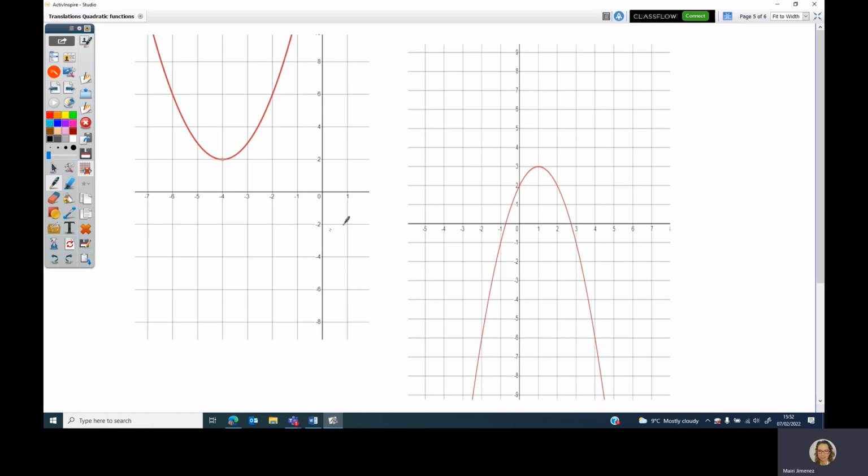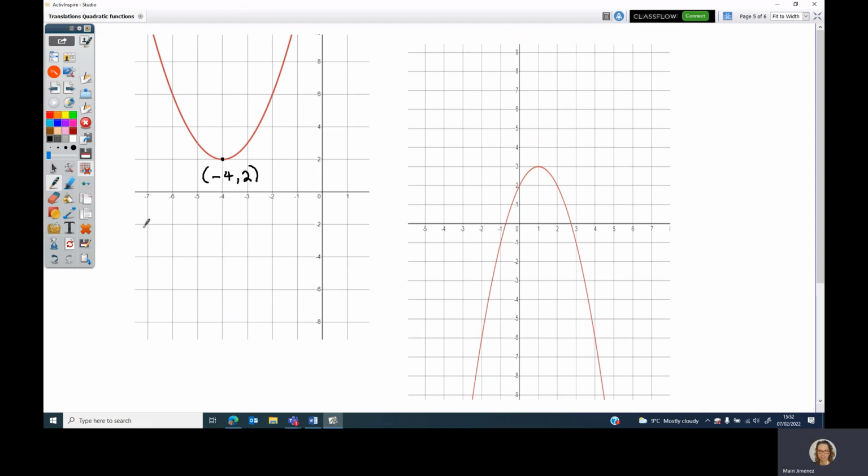Now putting it all together with the previous video for translations up and down, we're going to work out the equation of these two quadratic functions. So we need to identify what is this turning point. So it's negative 4, 2.